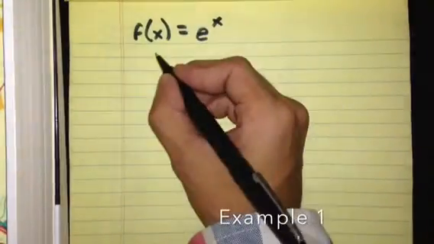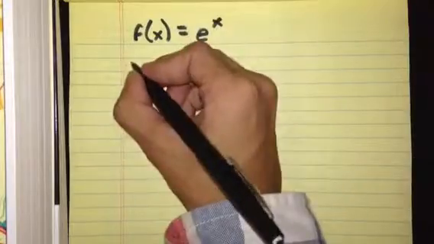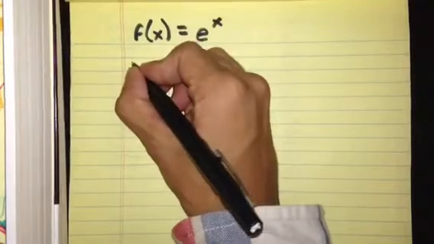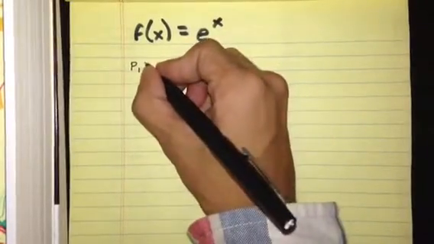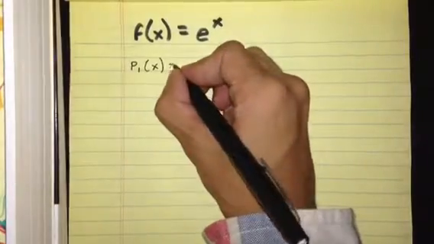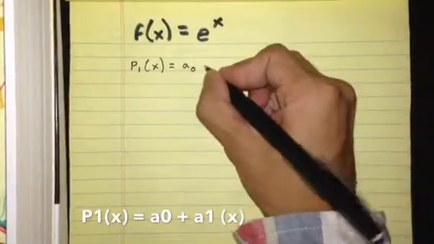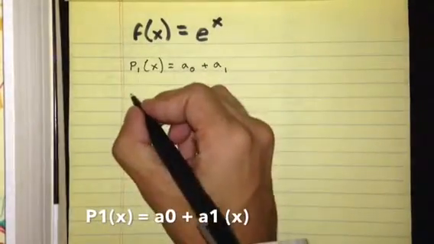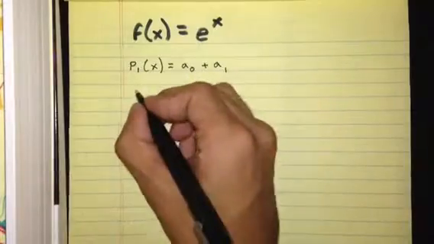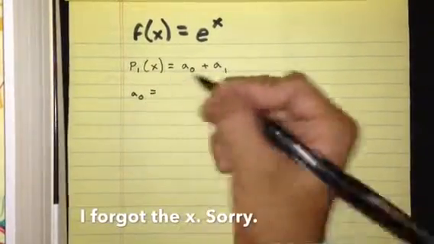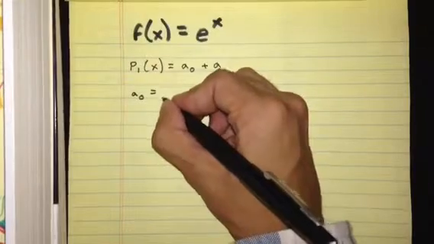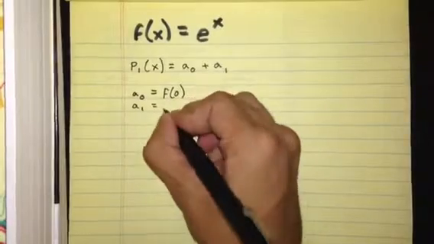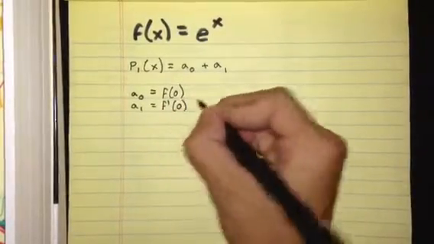Okay, so here we have example 1, which is f of x equals e to the x, my personal favorite function. So we're going to find the first degree polynomial, which is represented like this. Now, a sub 0 is going to equal f of 0, because we're centered around 0 for this example, and a sub 1 is going to equal f prime of 0.